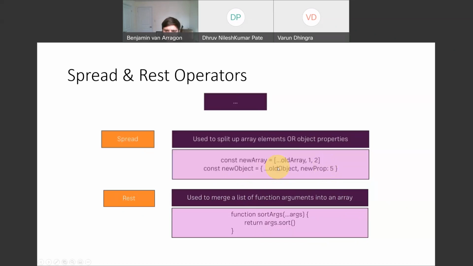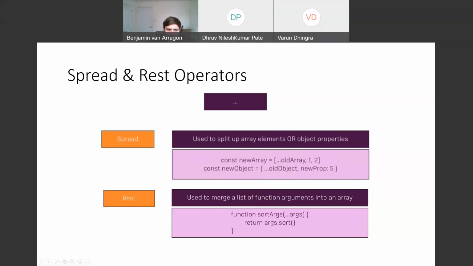If we did have a property with the same name in our old object, it would overwrite it here because it takes precedence. So it pulls out all the properties of the old object and their values and adds them as key value pairs to the new object. So this is the spread operator.